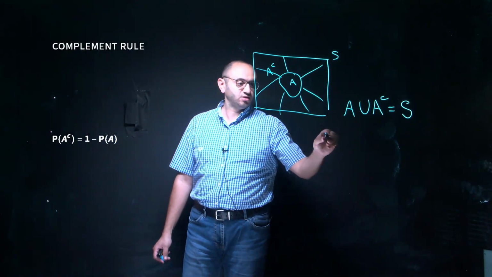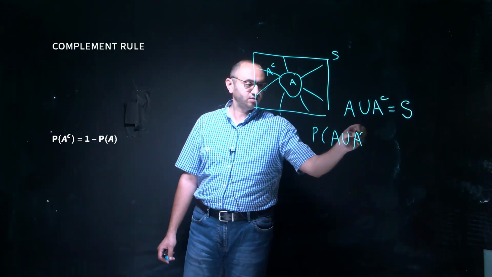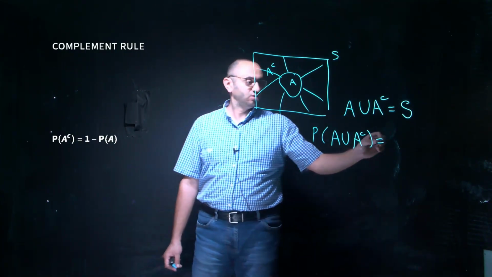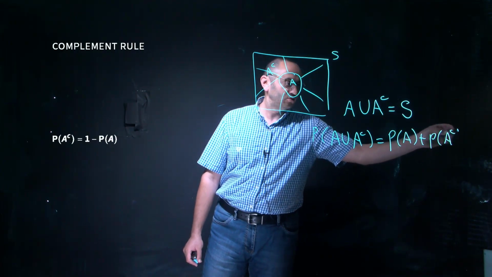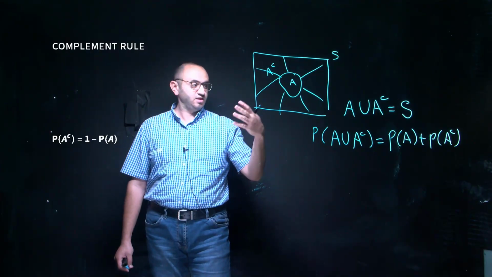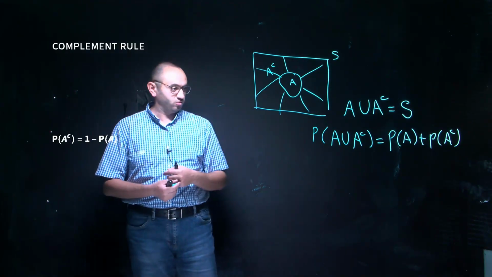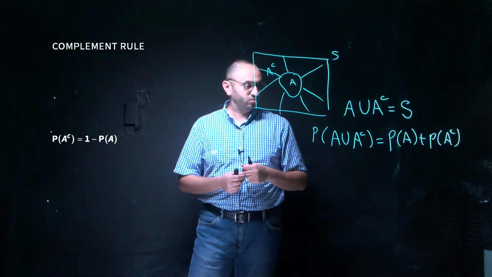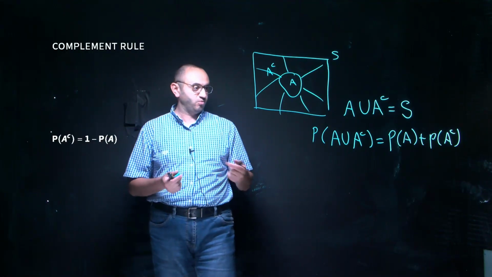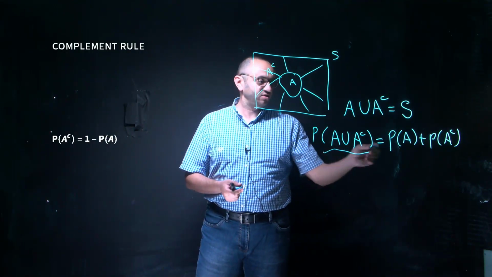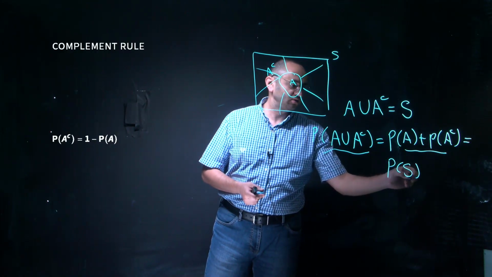So this means probability of A union A complement equals probability of A plus probability of A complement. Because A and A complement are disjoint events, by using the previous formula, the probability of the union of those two events equals the sum of the probabilities. This equals the probability of the sample space, which is 1.